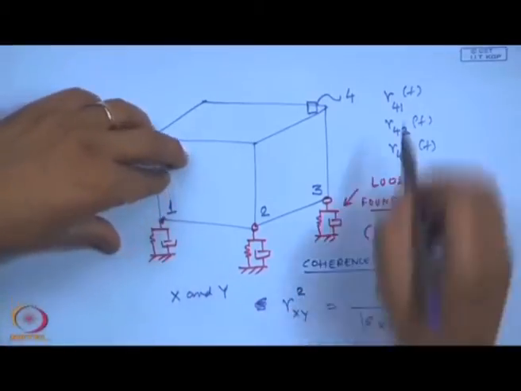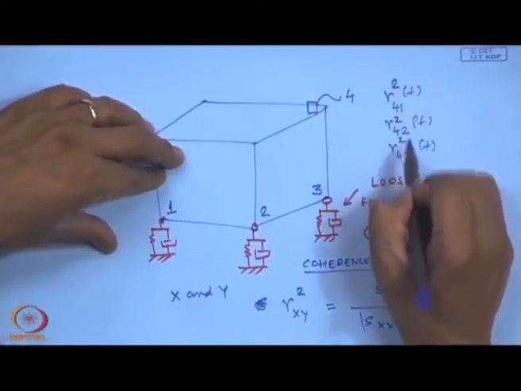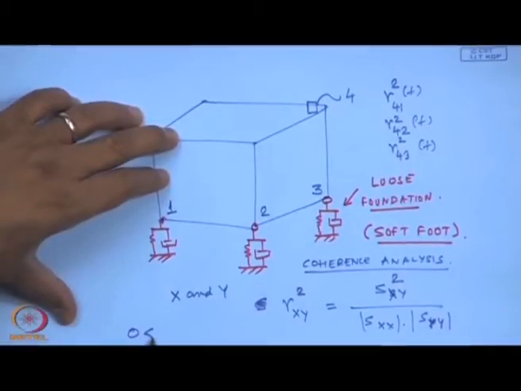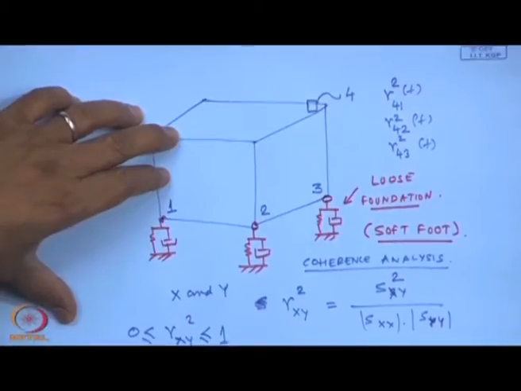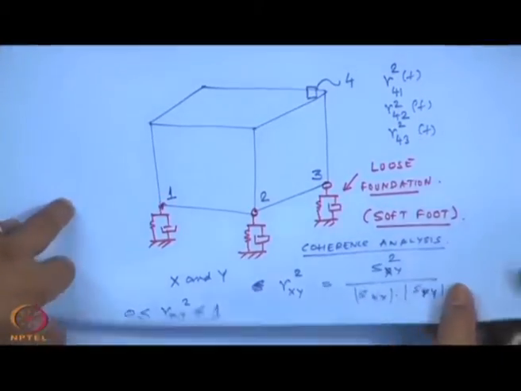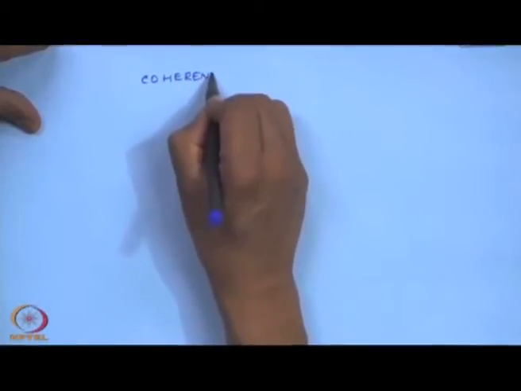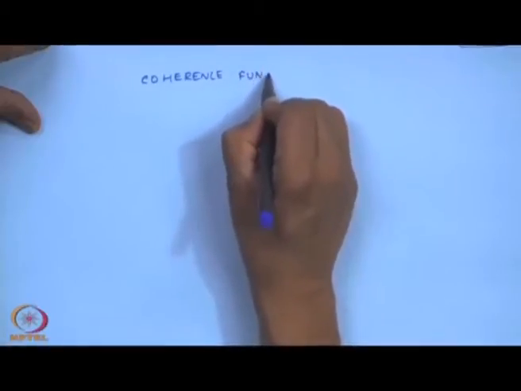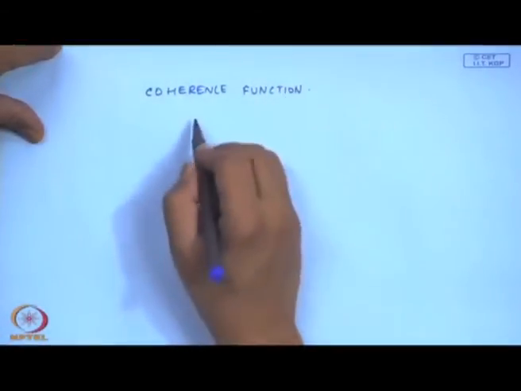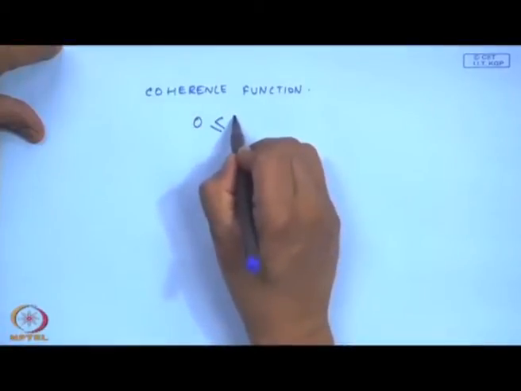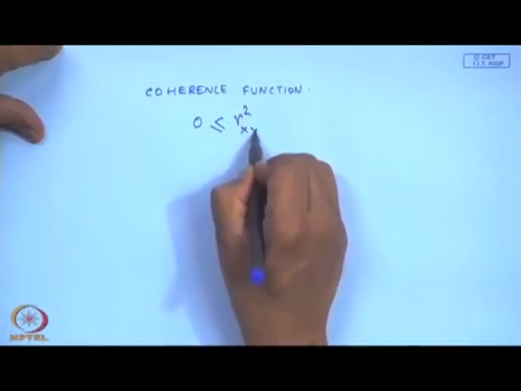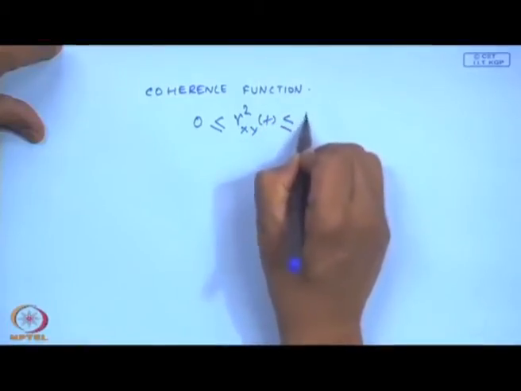Okay, and this is actually denoted with a square because of the square term, and the value of this is between 0 and 1, gamma x y squared less than or equal to 1, and this is known as the coherence function. So, this is in the frequency domain.